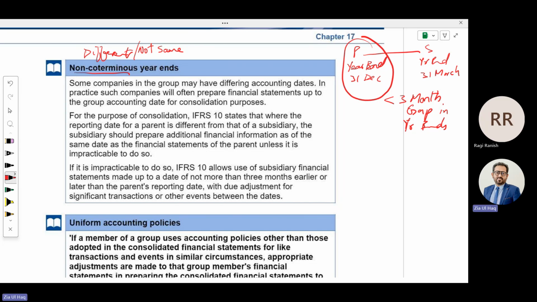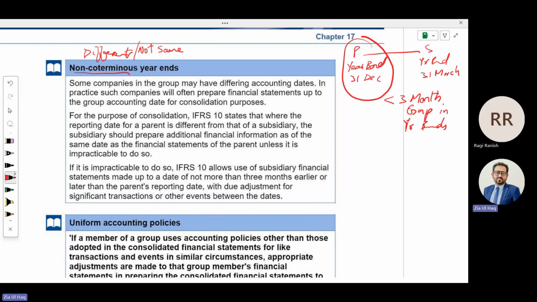But if they are different, you can consolidate at the parent company year end, if the subsidiary year end finishes either before or after the parent company, but the gap period should be within 3 months.